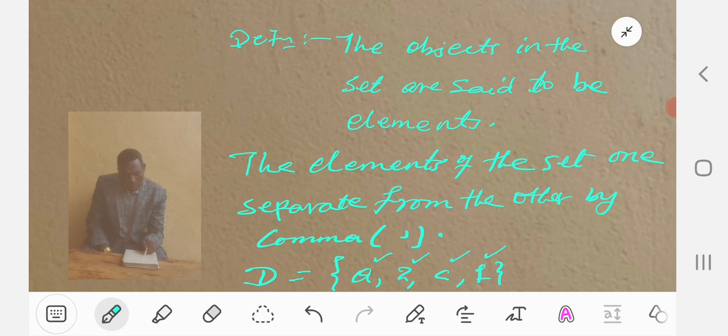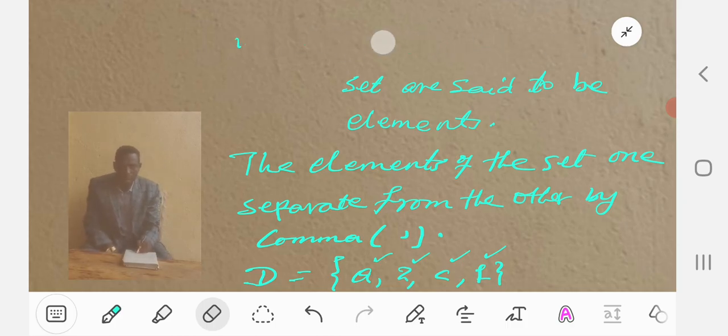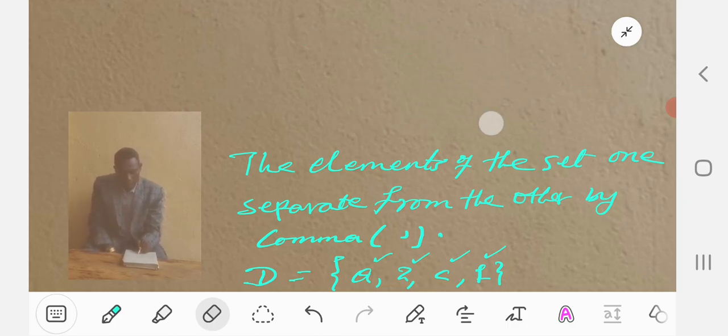Therefore, when you count the elements for the set, the set D has 4 elements. A, 2, C, and 1 are elements of the set. Therefore, this set has only 4 elements.